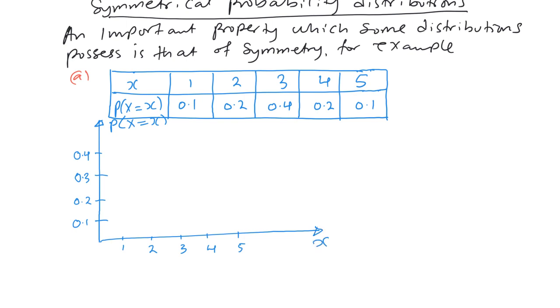So 1 has 0.1. If you have to plot, this is simply 0.1. We go a vertical line from 1 up to 0.1.